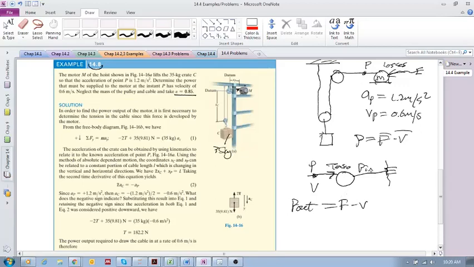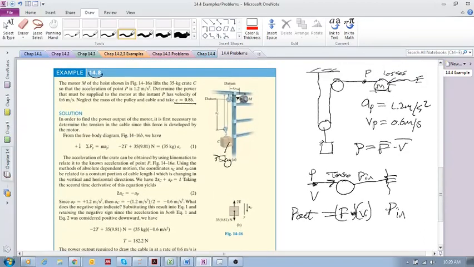Alright? Then, once I've got P out, I can use my mechanical efficiency to determine, this is P times velocity. Then, if I've got my mechanical efficiency and I've got my P out, I can calculate P in, which is the power that must be supplied to the motor. Okay, so what is this power that must be supplied to the motor? Alright.